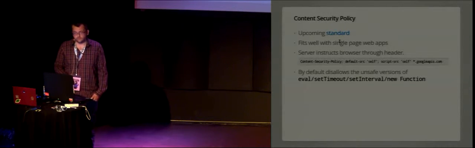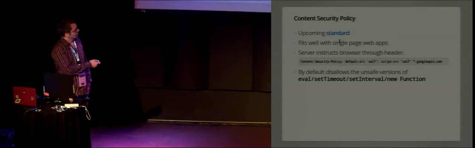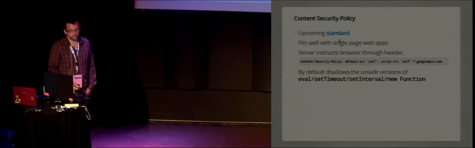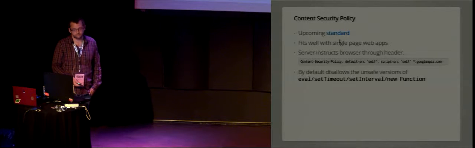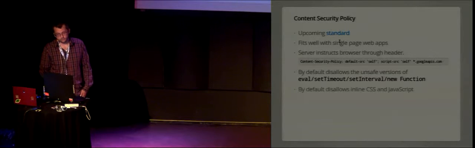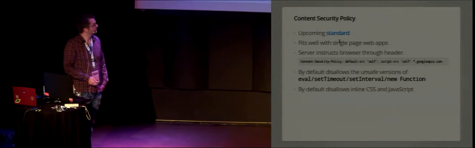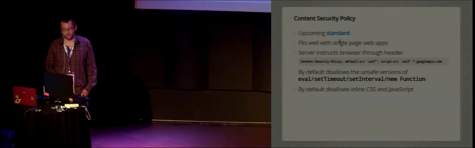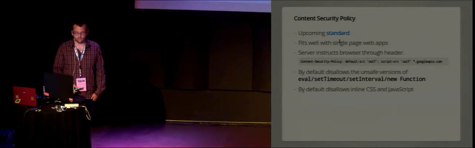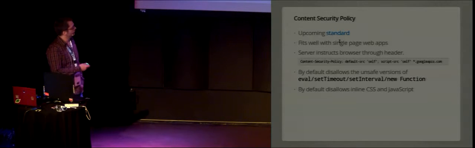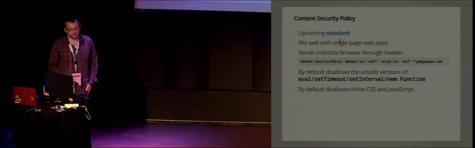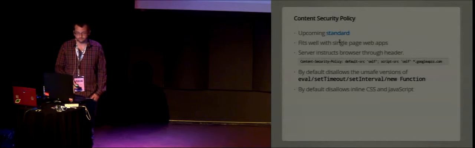What it also does is it disables these unsafe functions. You can re-enable them if you want to, but that's probably not a good idea. It also disables inline CSS and JavaScript, which you might say improves the quality of the website, because then you can't use those anymore. That will stop things like injecting script tags, which is good.